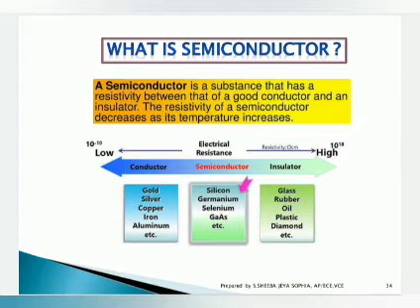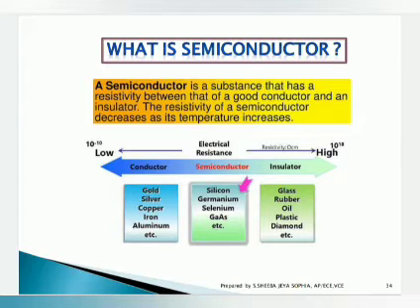These are the materials majorly used in semiconductors: silicon, germanium, selenium, gallium arsenide, GaAs. These are the materials available for conductors: gold, silver, copper, iron, aluminium. For insulators, we use glass, rubber, oil, plastic, diamond, etc.